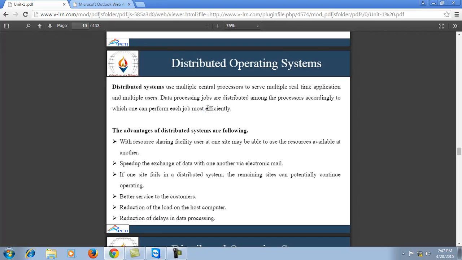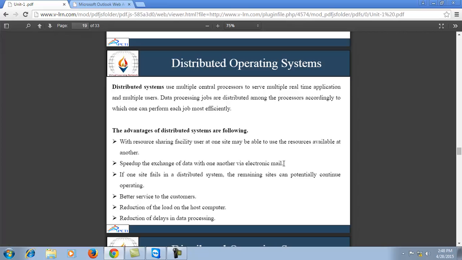They are looking for which can perform the job most efficiently. Now the advantages of a distributed system: with the resource sharing facility, a user at one site may be able to use the resources available at another. A single person can share a resource which is located with, or used by, another person at another location. It also speeds up the exchange of data with one another via electronic mail.